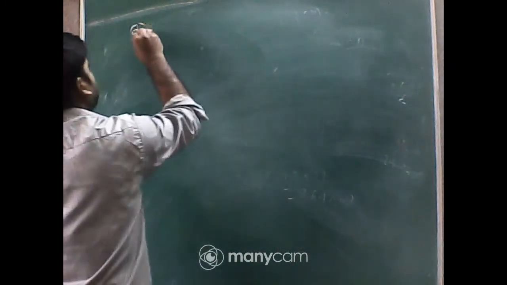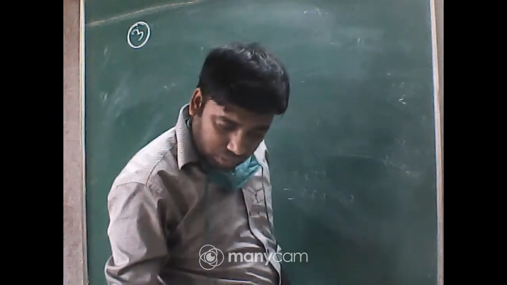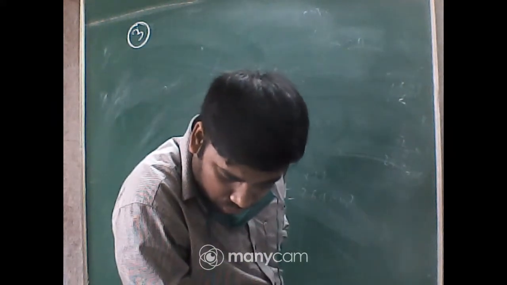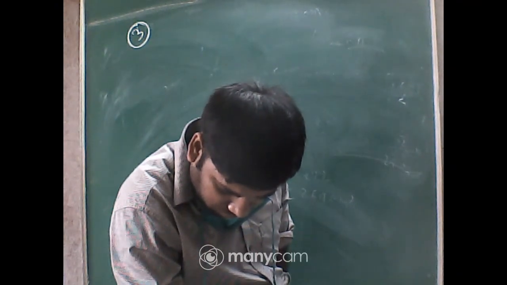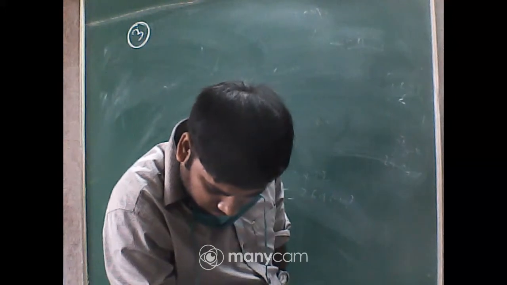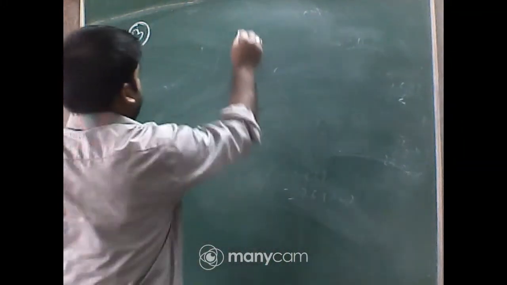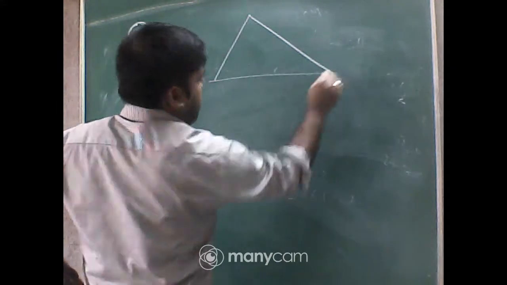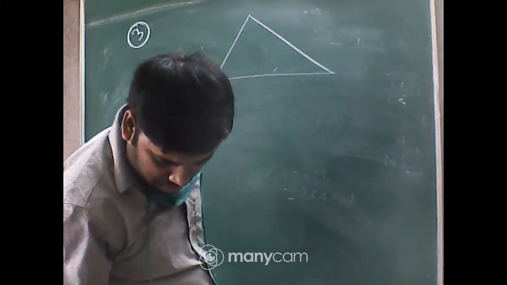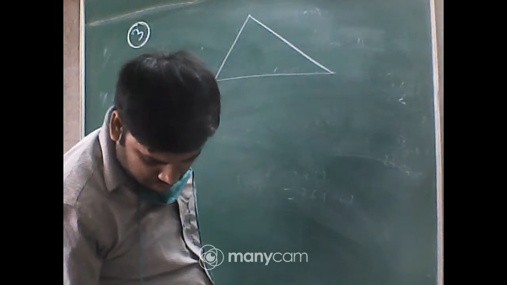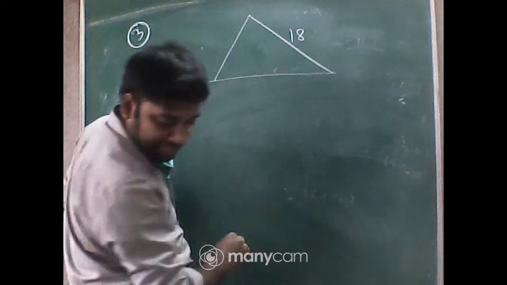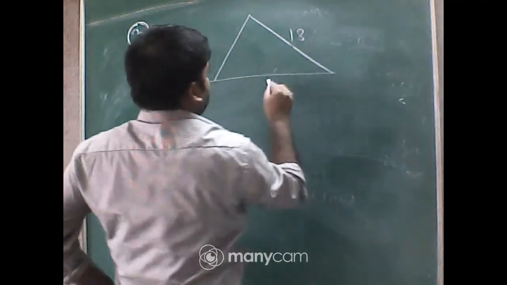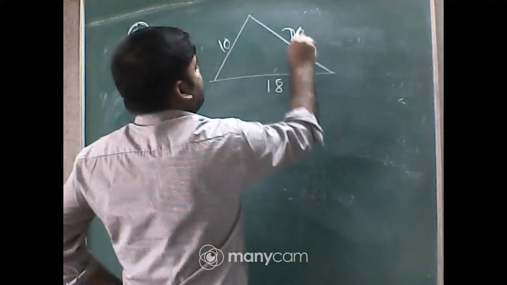Now third question. A triangle with sides 18, 10, and x.